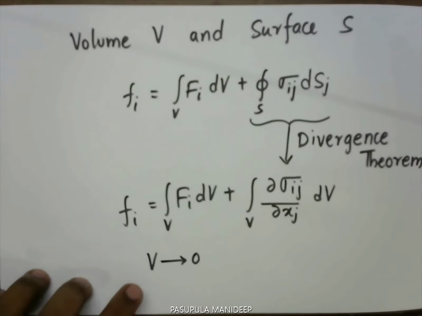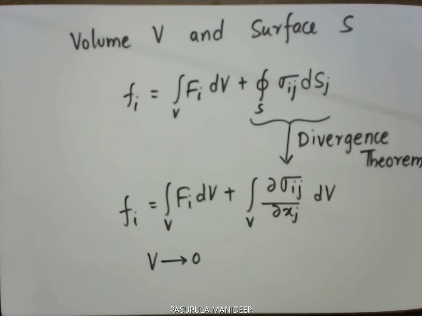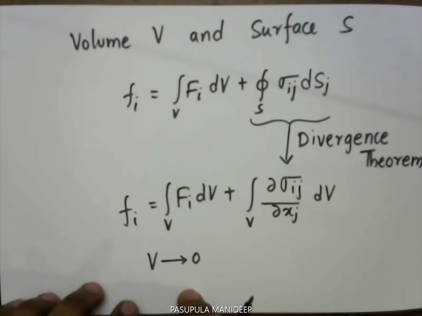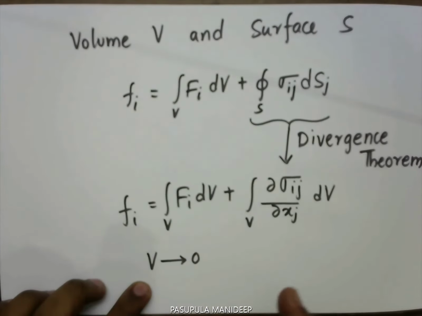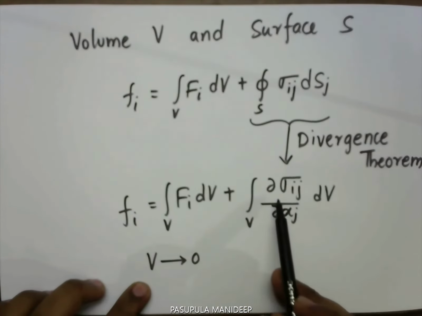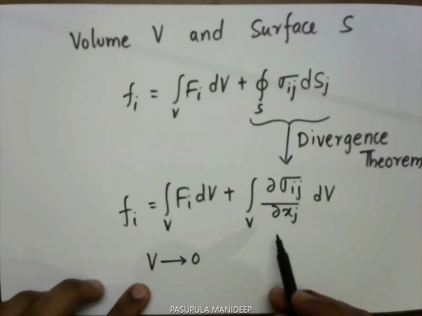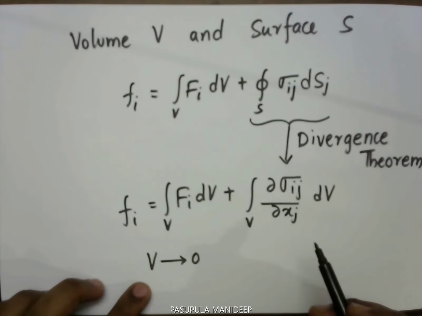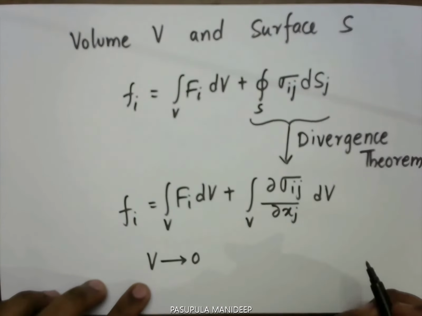As it tends to 0, it is reasonable to suppose that Fi and del sigma ij by del xj are approximately constant across the element, because the volume of the element is so small.